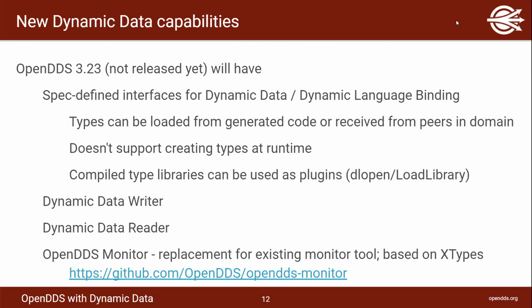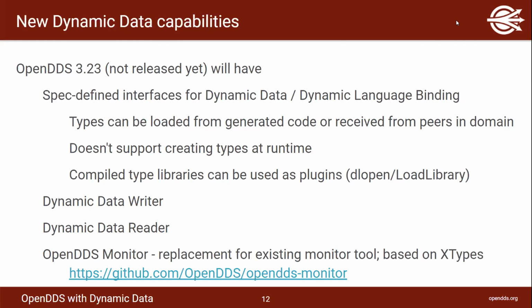This is the same shared library that, if you were to generate a separate shared library, you could load up. And without the application specifically knowing about it, it can use the dynamic data writer or data reader interfaces.